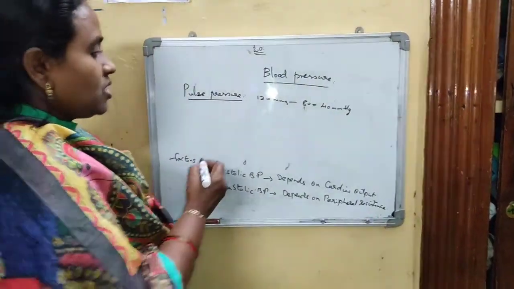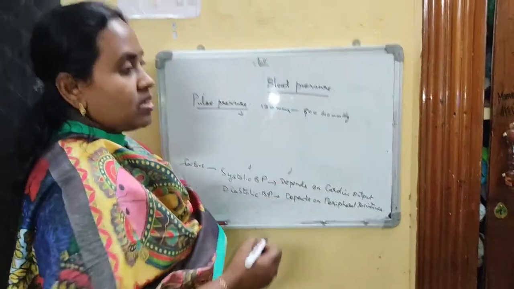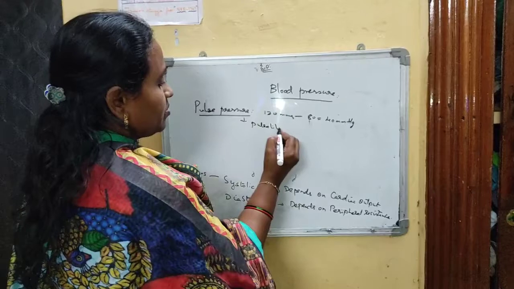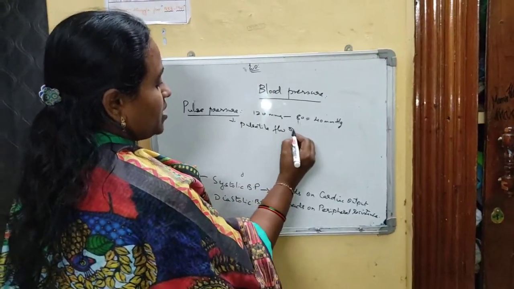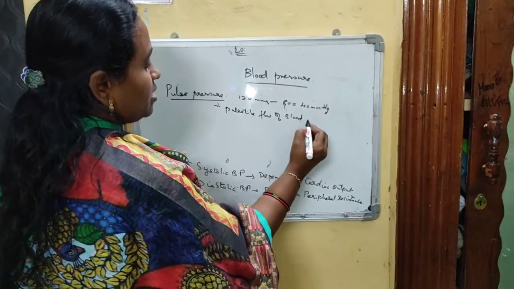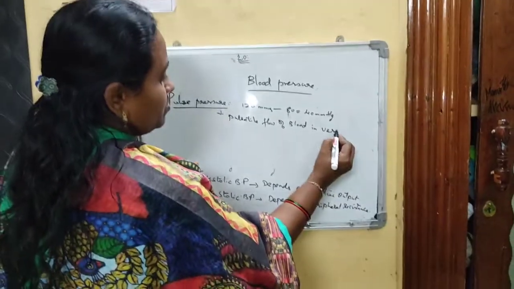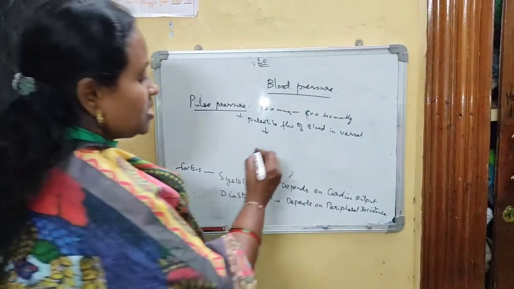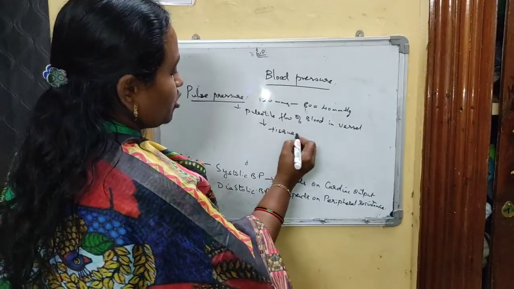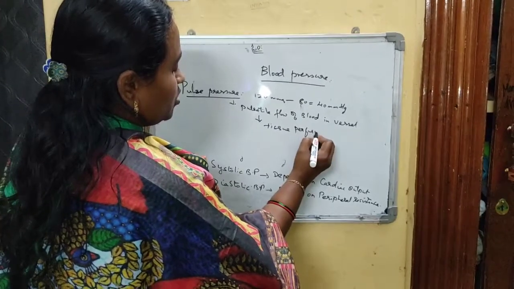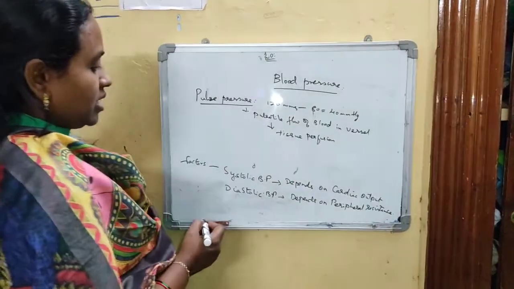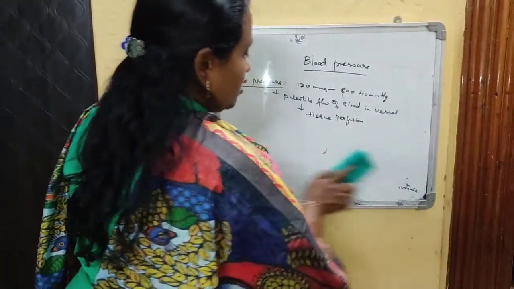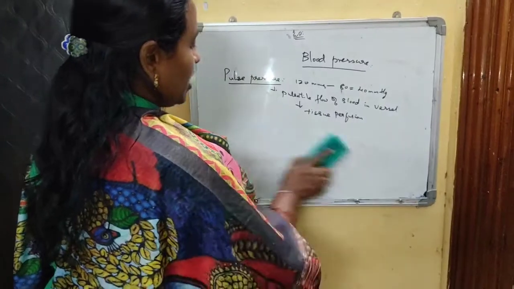So this pulse pressure is required to maintain a pulsatile flow of blood in the blood vessel, and this pulsatile flow of blood is required for tissue perfusion. So for tissue perfusion to take place, the pulsatile flow of blood is required, which is maintained by the pulse pressure.